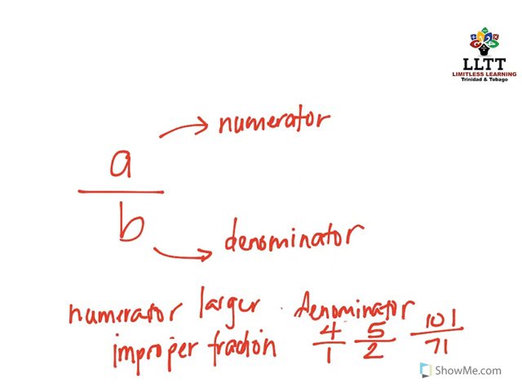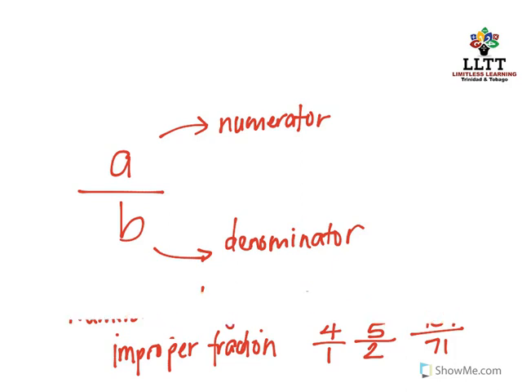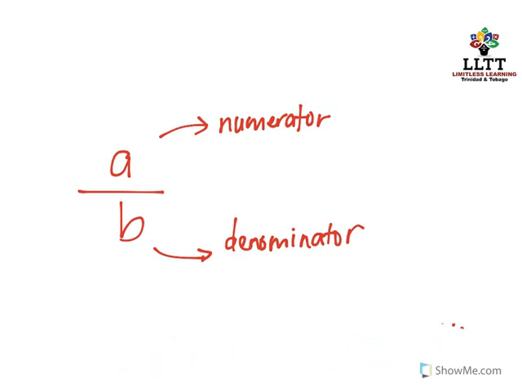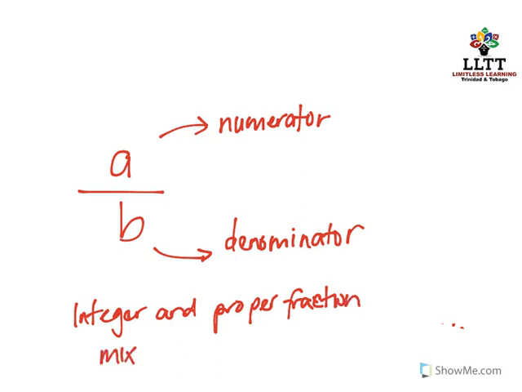And then we also have something that's known as a mixed number. A mixed number is made up of an integer as well as a proper fraction. Again, I'm pretty sure you are familiar with this.